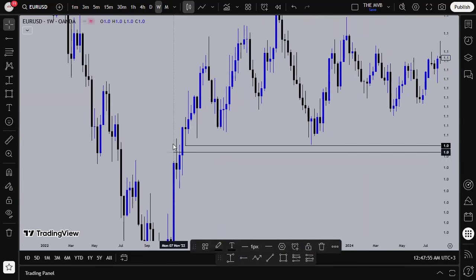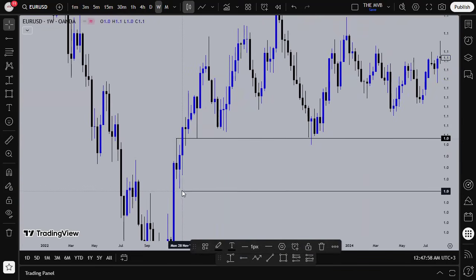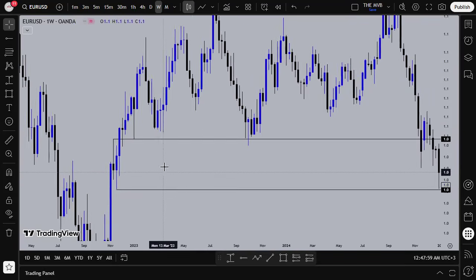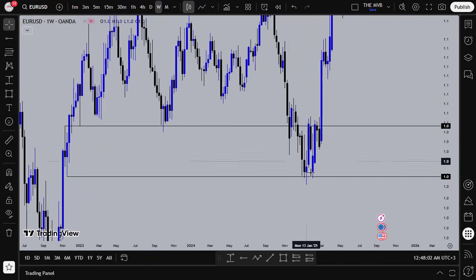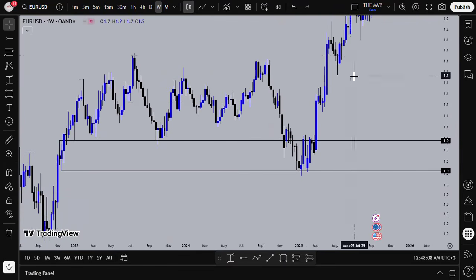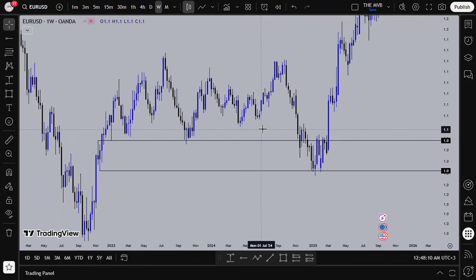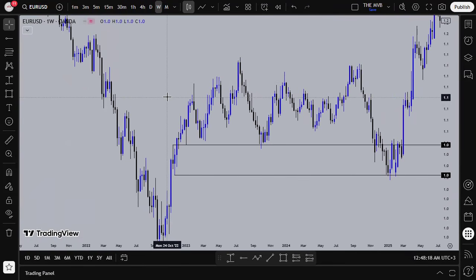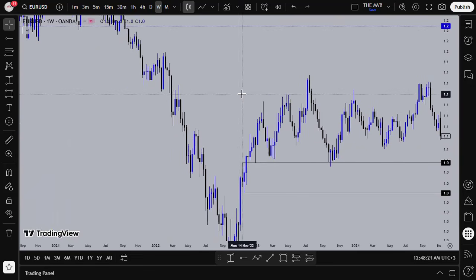Also, this one was an area of liquidity. You can see price came here, took some orders, and went above. So whenever you find areas like this, it's very, very possible that price will respect that area. So those are types of areas of liquidity.